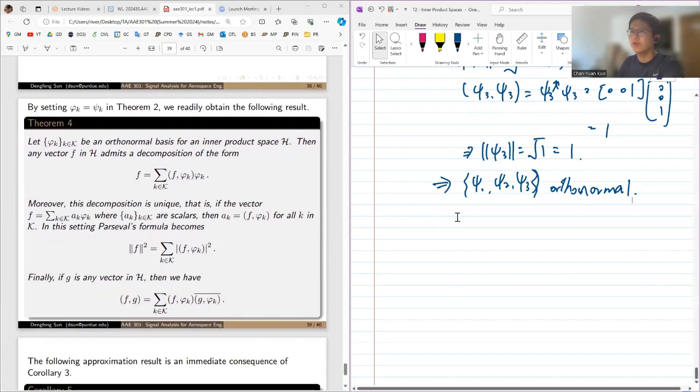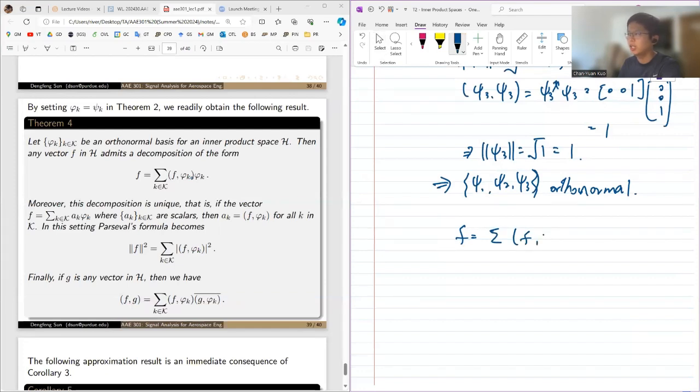Theorem 4 basically says that if the set of vectors is an orthonormal basis for an inner product space H, then any vector f in H will admit a decomposition of the form f equals the summation of the inner product of f and vk times vk, where k is in the index set.